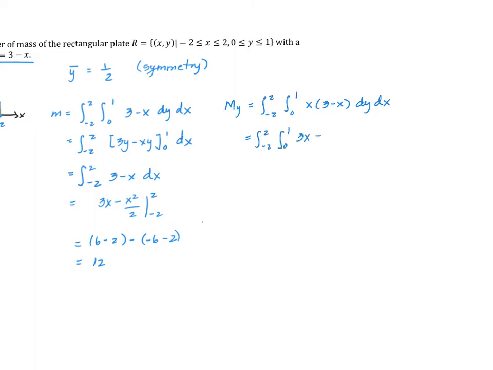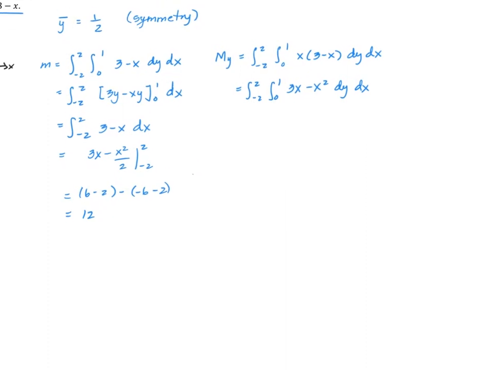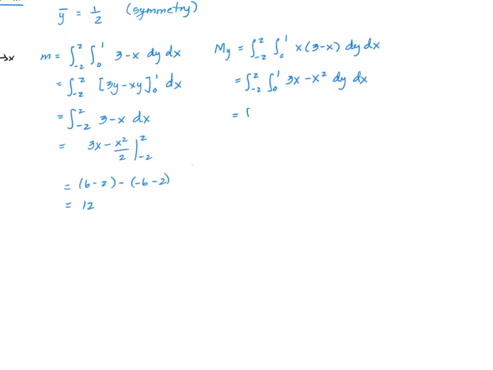We have 3x minus x squared, which gives us 3xy minus y squared. I think I'm just going to write this as y times 3x minus x squared. Integrating with respect to y, it's 1 times that minus 0 times that, so it's just going to be 3x minus x squared.